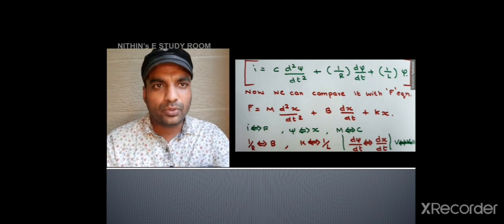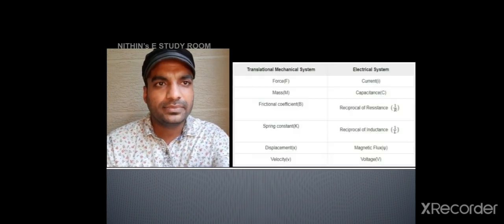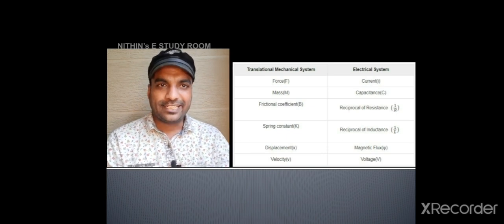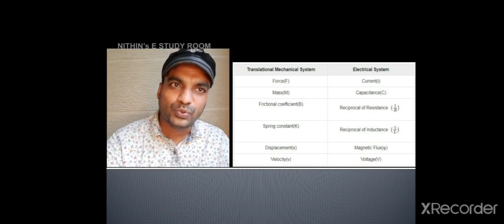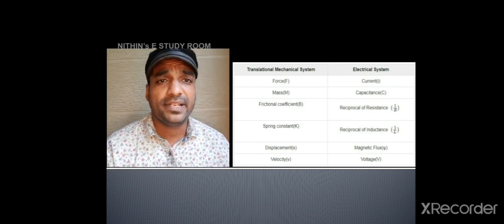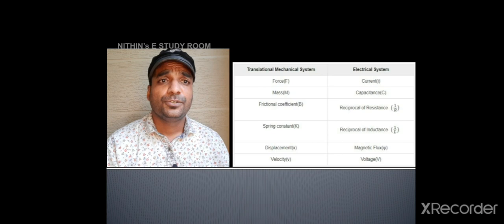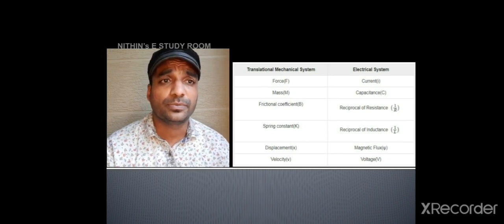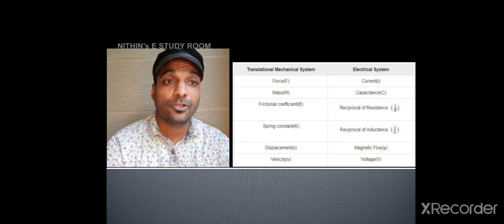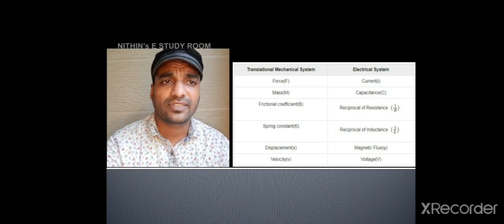So we are concluding the entire analogous terms by summarizing them in a table. Translational mechanical system: force is analogous to current, mass is analogous to capacitance, friction coefficient B is analogous to 1 by R, spring constant K is analogous to reciprocal of inductance 1 by L, displacement X is analogous to magnetic flux linkage phi. Actually it is flux linkage phi.